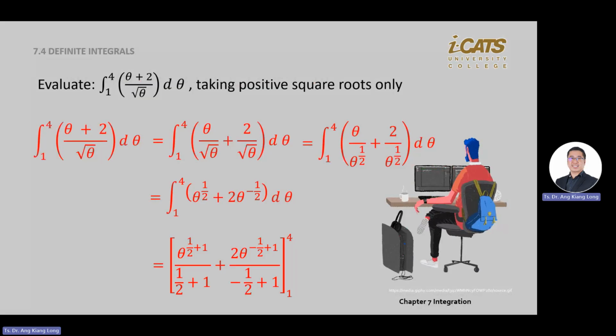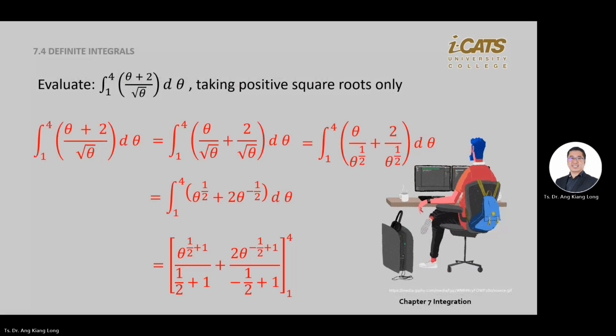Then break the integral into a box sign. It asks you to take positive square roots only, meaning you consider positive value only, because you know that square root has positive and negative answer.